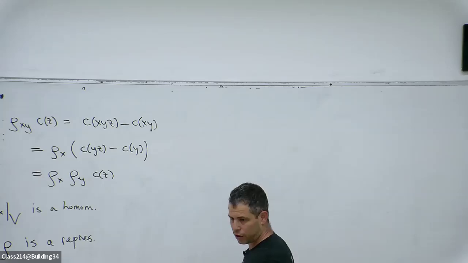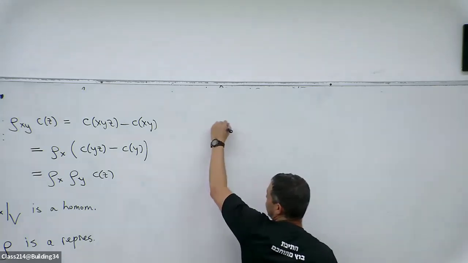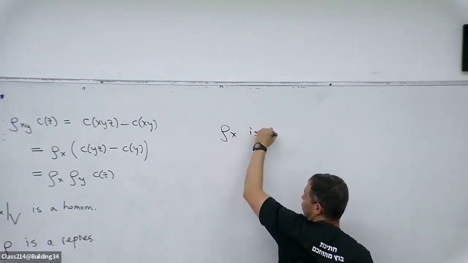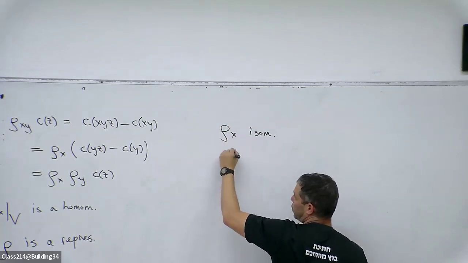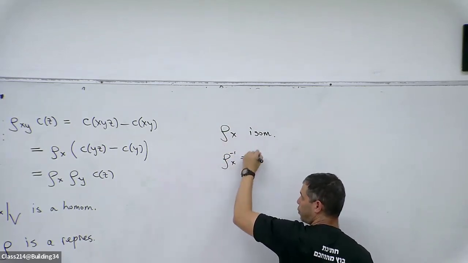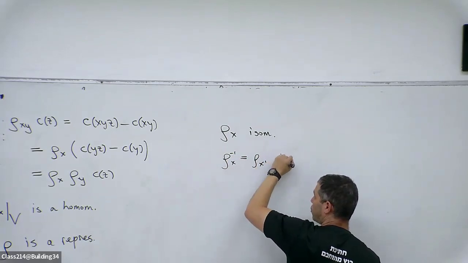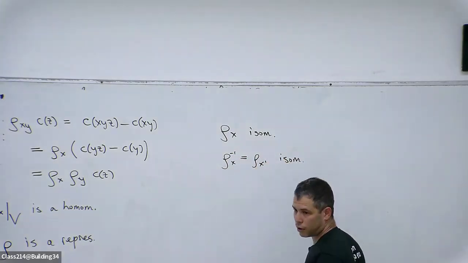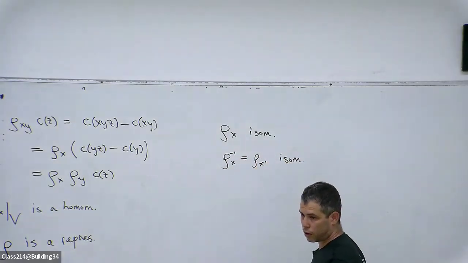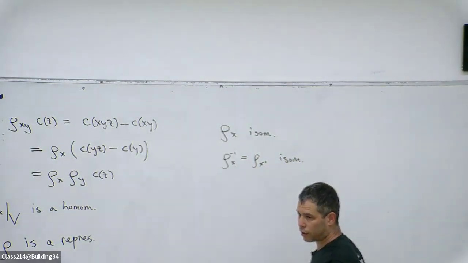Is that enough? Yes. I think this follows because we know that rho is an isometry, and rho x to the minus 1, by the homomorphism property, is also an isometry. Because you have one side of the inverse, which is the adjoint, but now you have that the adjoint also has a one-sided inverse.